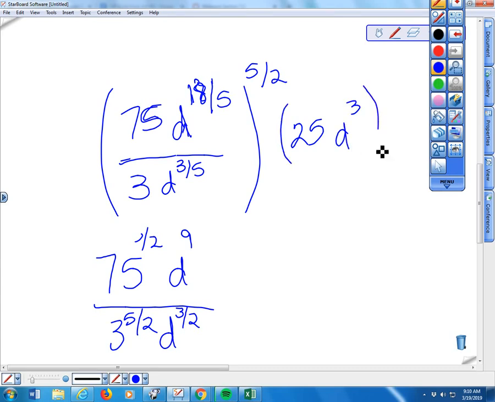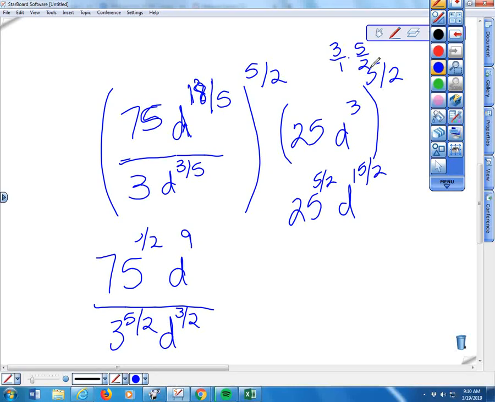Now I raise this to the 5/2. So this is 25 to the 5/2 times d to the 5/2 times 3, which is 15/2. Because it's 3 over 1 times 5 over 2, which is 15 over 2.